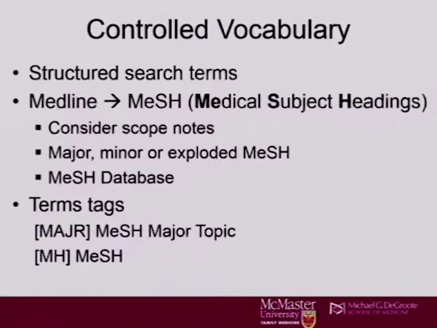So these terms, or MeSH terms, are going to help you navigate to the singular representation of that concept. These terms are applied by professional indexers, however, they're still susceptible to subjectivity in their selection.